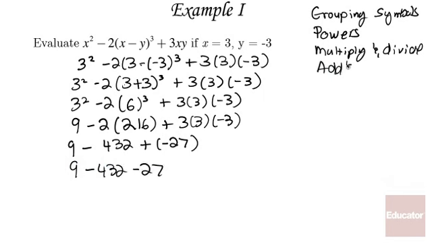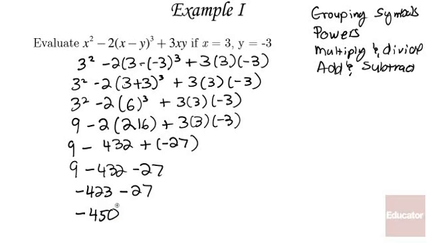Finally, add and subtract, and this is going from left to right. So 9 minus 432 gives me negative 423 minus 27. So now I have another bit of subtraction to do. That's minus 423 minus 27 gives me negative 450.